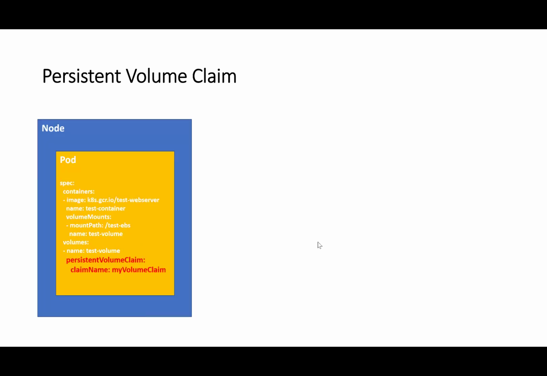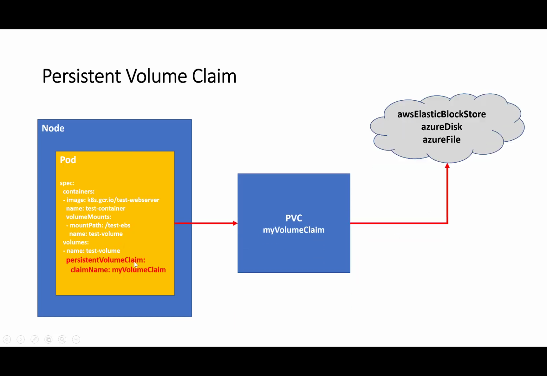Now, the advantage with persistent volume is, here you have the node, you have the pod, and it uses the PVC, which links to the storage in some cloud provider. Now, assume that this pod goes away.